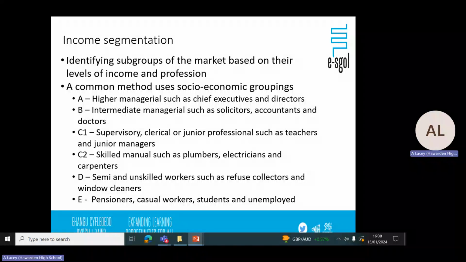C1 is your supervisory, clerical and junior professionals, such as teachers and junior managers. Then you've got C2, which is your skilled manuals, such as plumbers, electricians and carpenters. Your D, which is your semi and unskilled workers, such as refuse collectors and window cleaners. And then you've got your E, which are your pensioners. So people like your casual workers, your students and your unemployed.